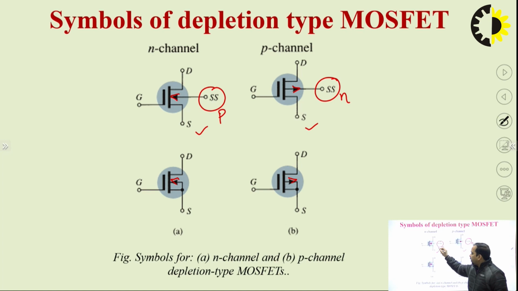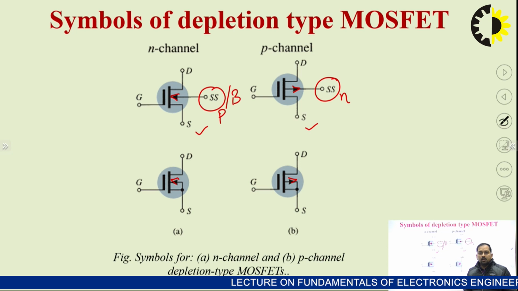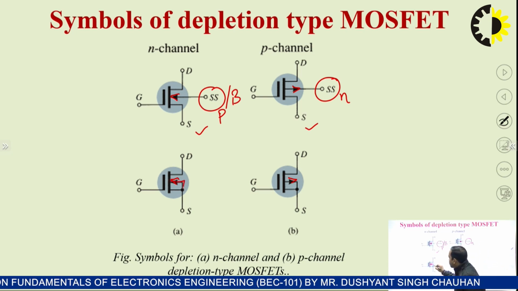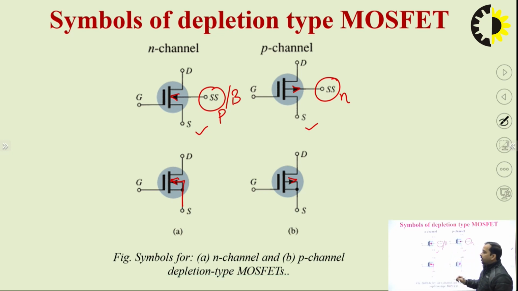Now if we observe this upper figure and this lower figure, the substrate or the body is internally connected to the source, as we also assumed during the operation part. So we have another kind of symbol.